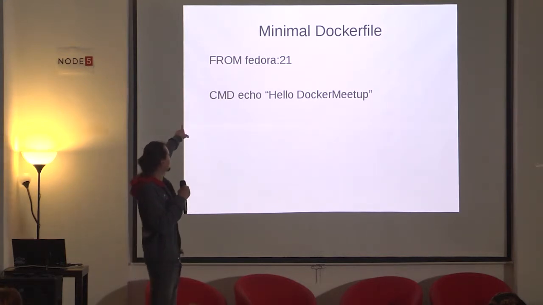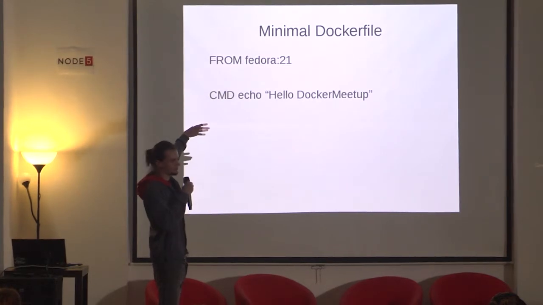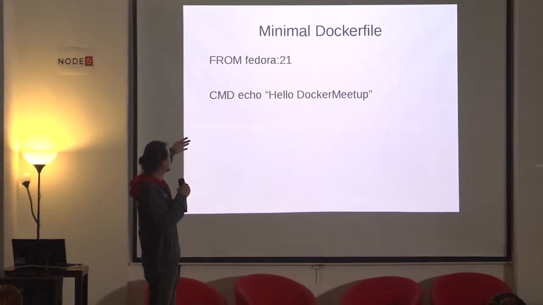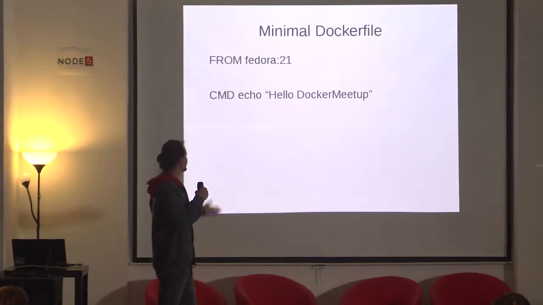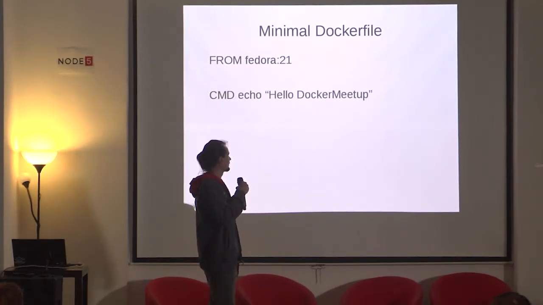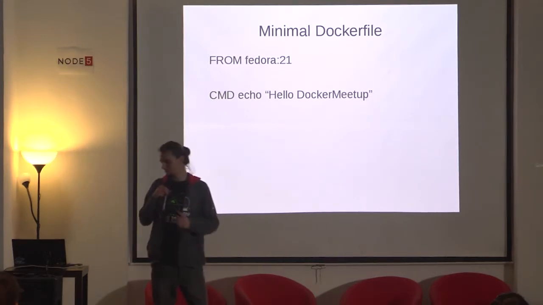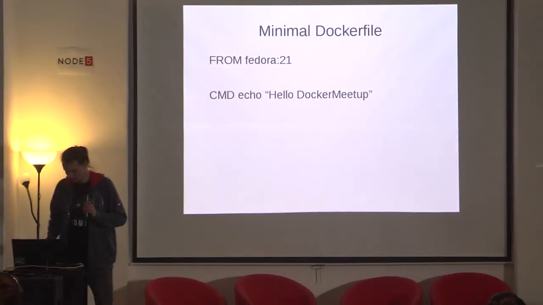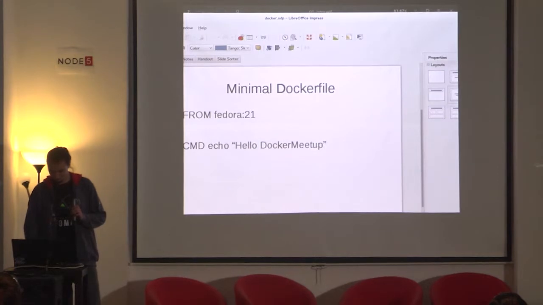You need to define from which image you want to base the image, and then you just define what is going to execute when the container gets spawned. In this case, it's just hello Docker meetup, but if you want to see more complex examples, I have prepared some.